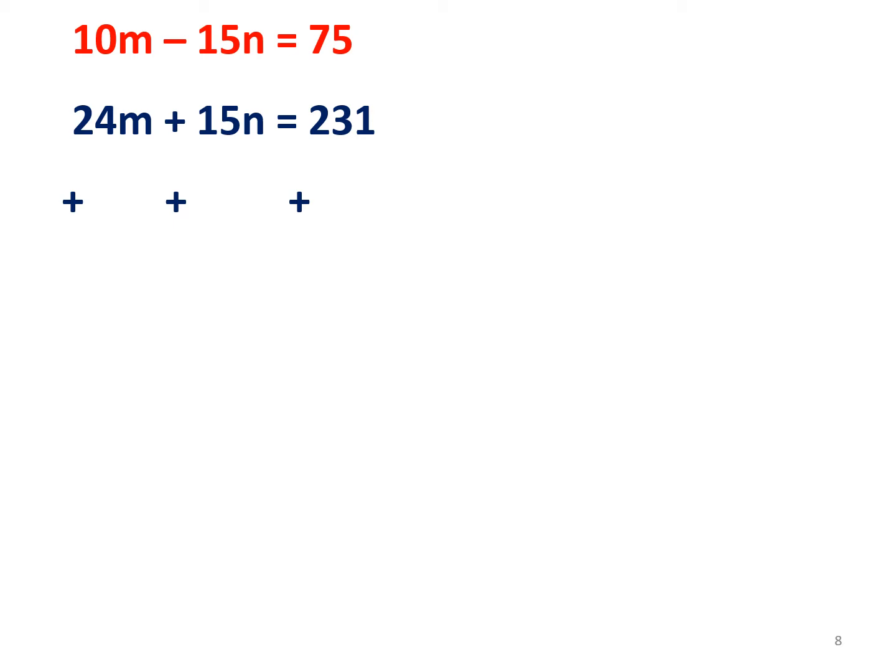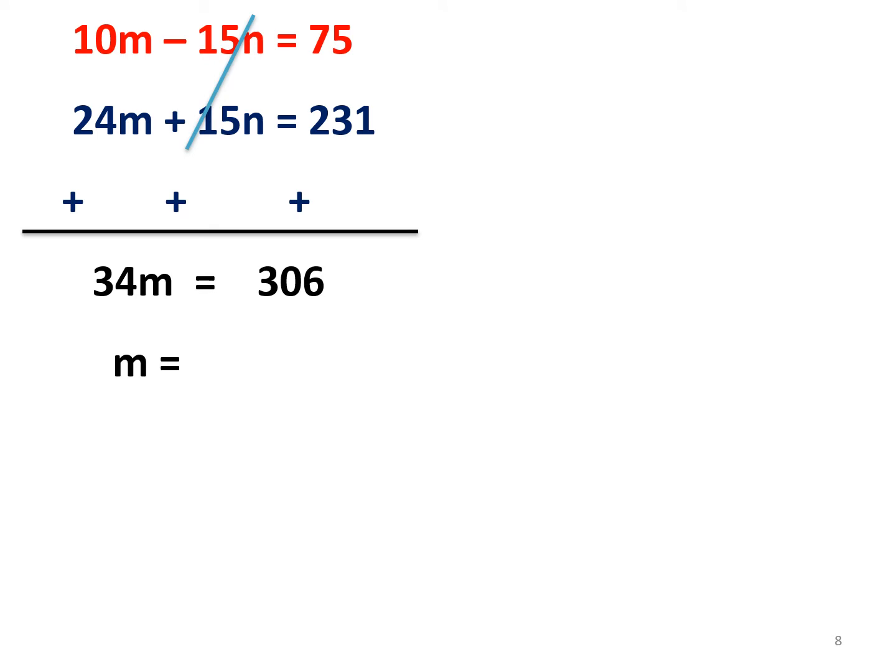Minus 15n plus 15n gets cancelled. 10m plus 24m is 34m. 75 plus 231 is equal to 306. Therefore, m is equal to 306 divided by 34, which is equal to 9. I got the value of m is equal to 9.